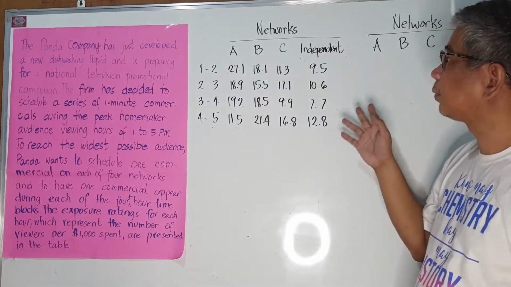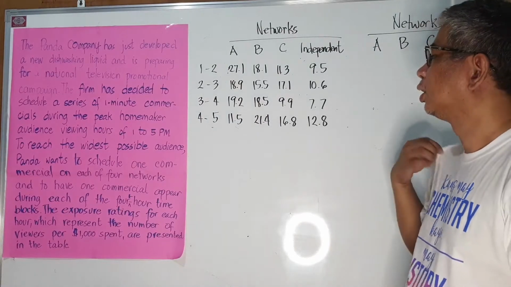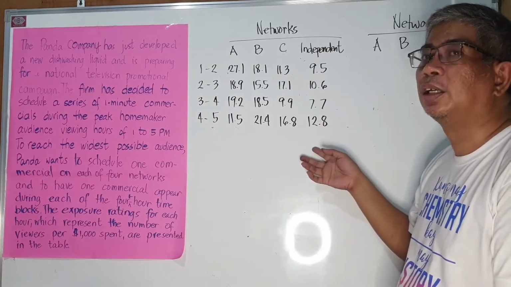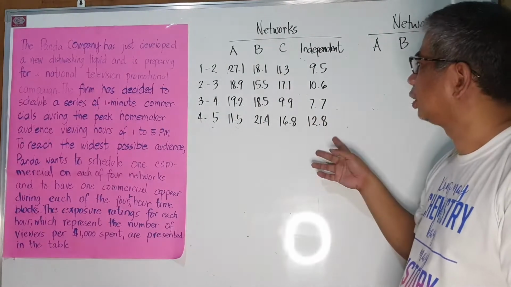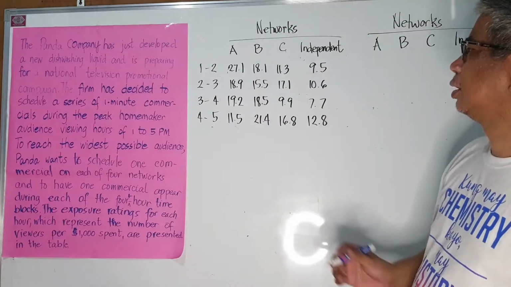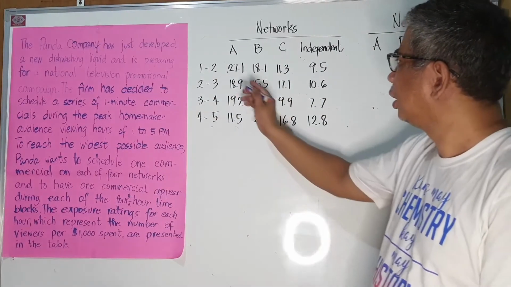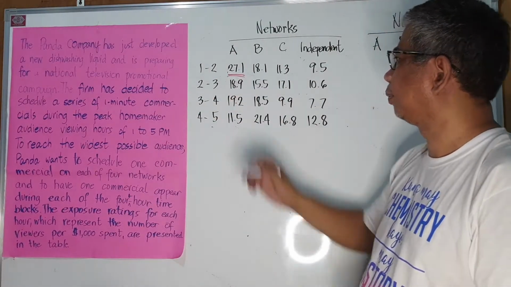So, first, we transform this since assignment models are used to minimize. So, we first transform this into an opportunity cost. How? By identifying the highest value in the entire table. Okay? So, this is the highest value.